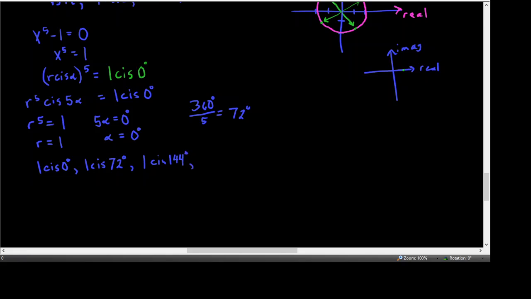Then add 72 degrees to that, and that should be 1 cis 216 degrees. And finally, add 72 to that, and you get 1 cis 288 degrees. And make sure you stop when you have your number of answers. Since it was 5th roots, or x to the 5th was the original thing, we should have 5 answers. So don't go to a 6th, 7th, or 8th, because those are actually just repeating ones you've already found.